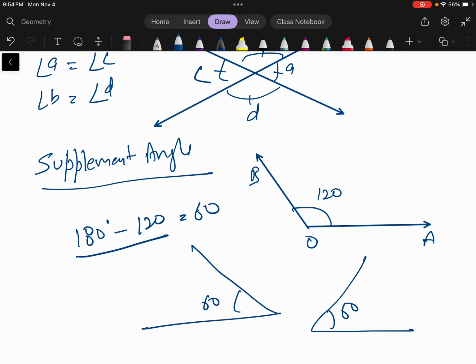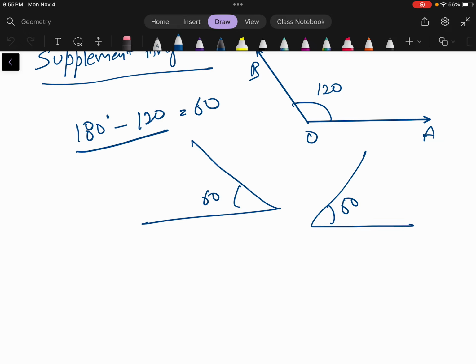Clear? The complement means the sum of the measures of the two angles is 90 degrees. That is complement. Supplement means subtract it from 180 degrees. Complement means if the sum of any two angles is 90 degrees, then they are known as complementary angles.